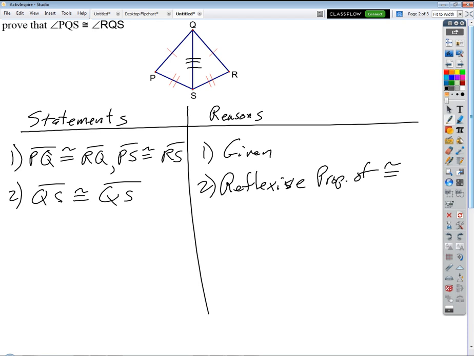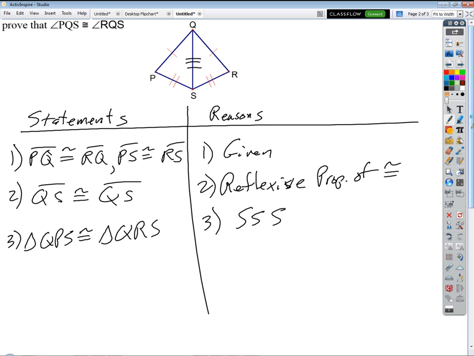Triangle QPS is congruent to triangle QRS, it has to be QRS, doesn't it? Because we have to get the corresponding angles to match up. And what's my reason for that? SSS. Okay, and now we're there.